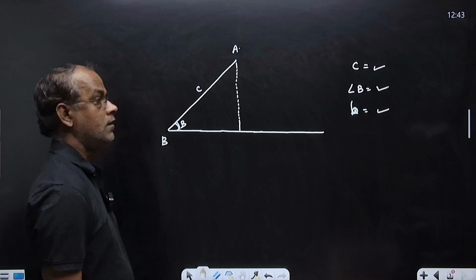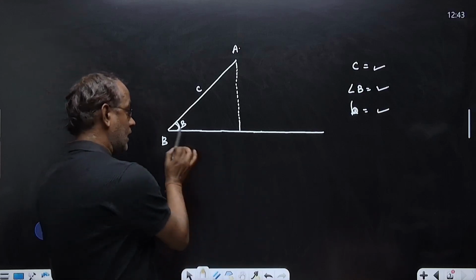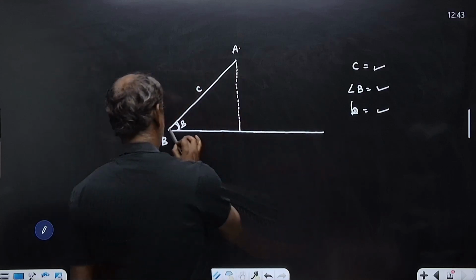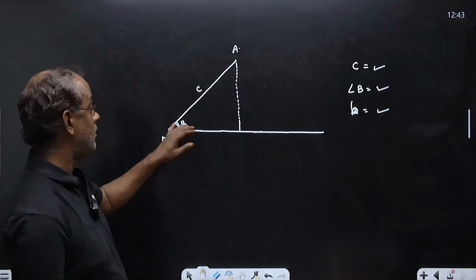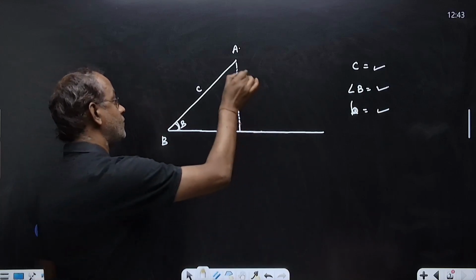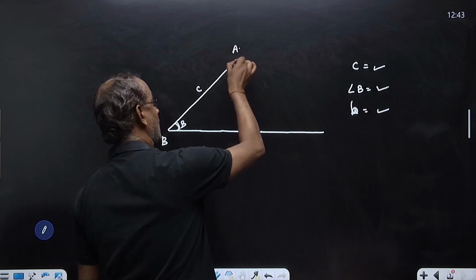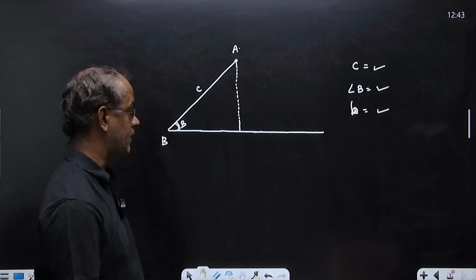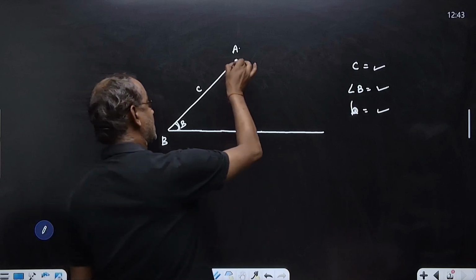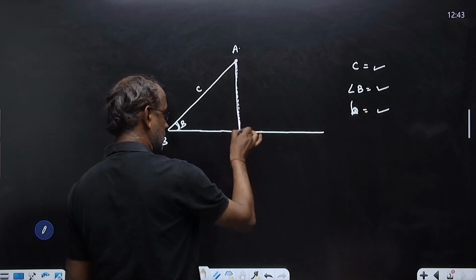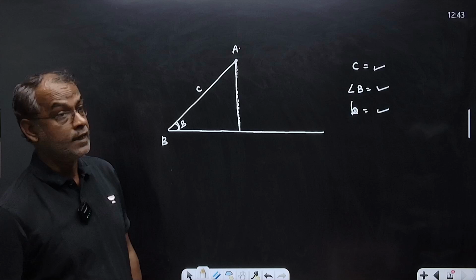What I have done is drawn a horizontal line, and then at angle B I have taken length c. Now, if I am given side b, with this vertex as center, I will draw a circle of radius b. If the radius is less than this, you won't get any triangle.